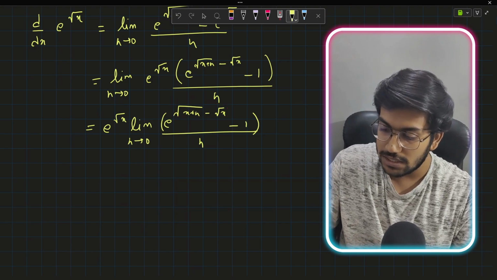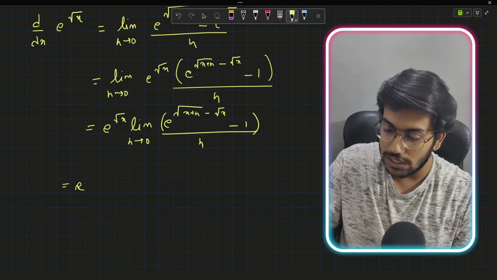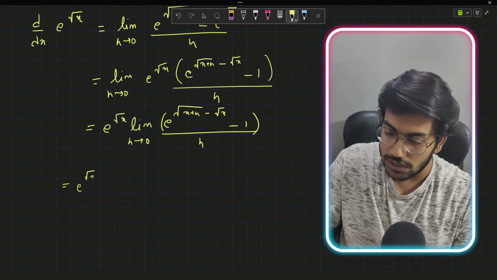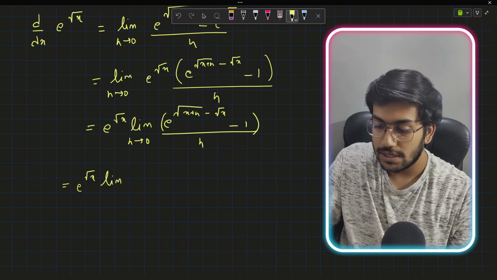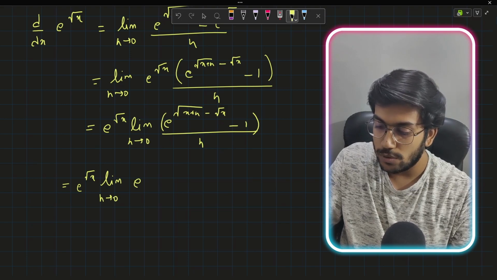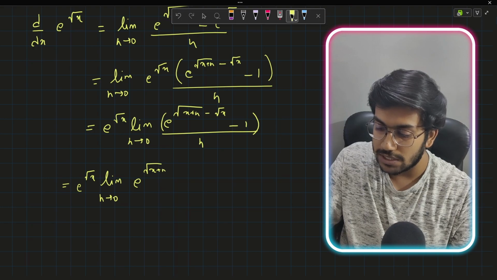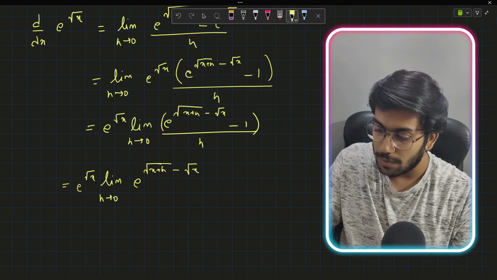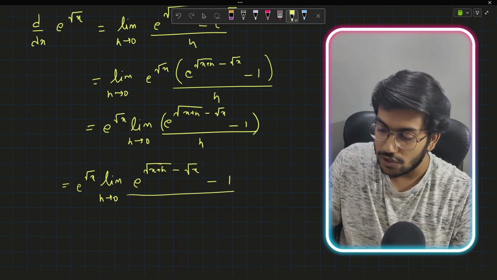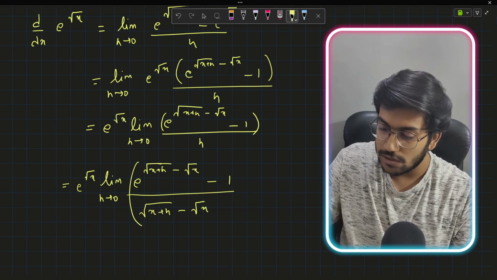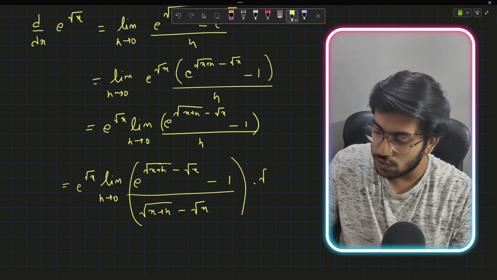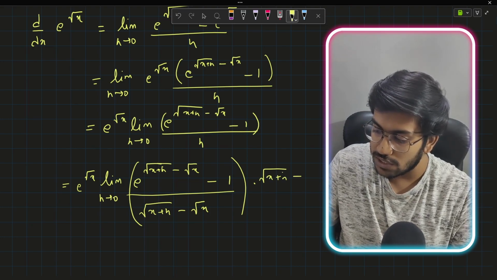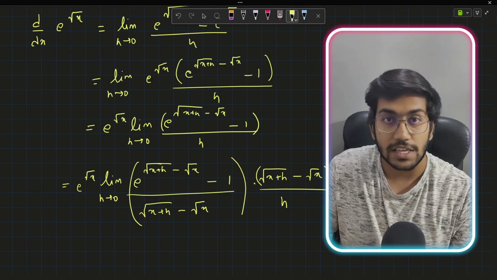So what we get is e to the power root x, limit h tends to 0 of e to the power root x plus h minus root x, minus 1, divided by root x plus h minus root of x, times root of x plus h minus root of x divided by h. Fine.